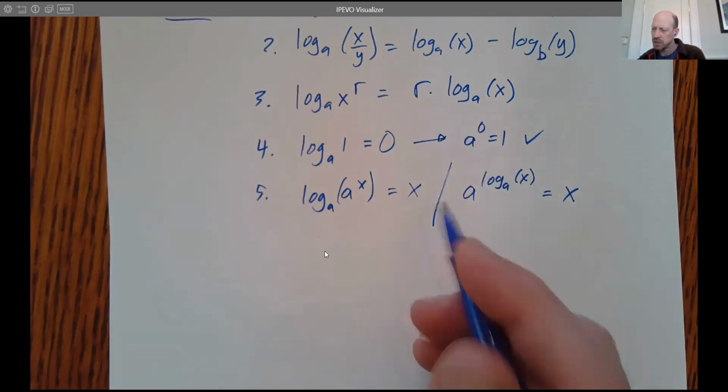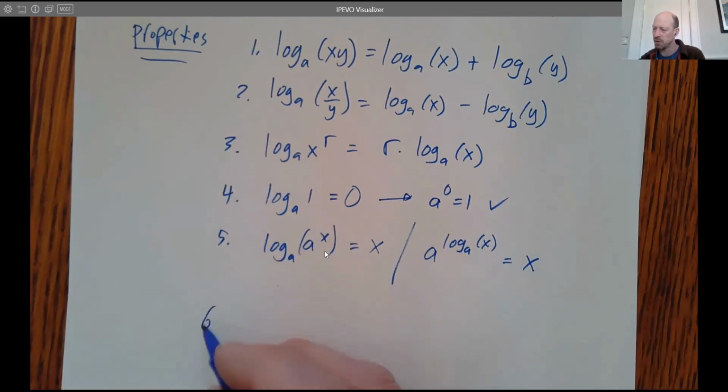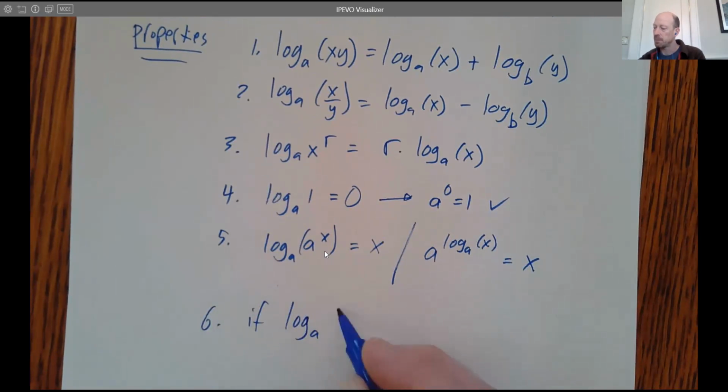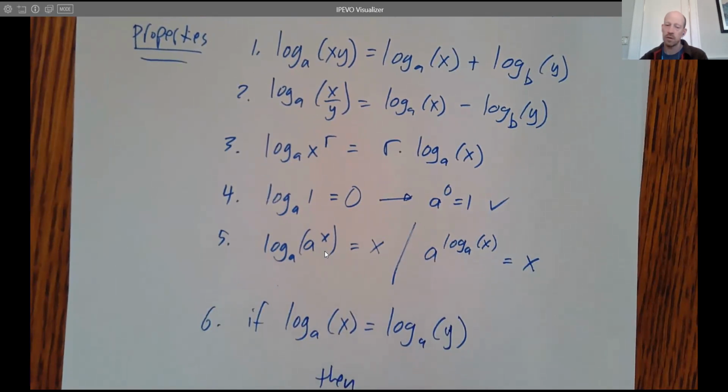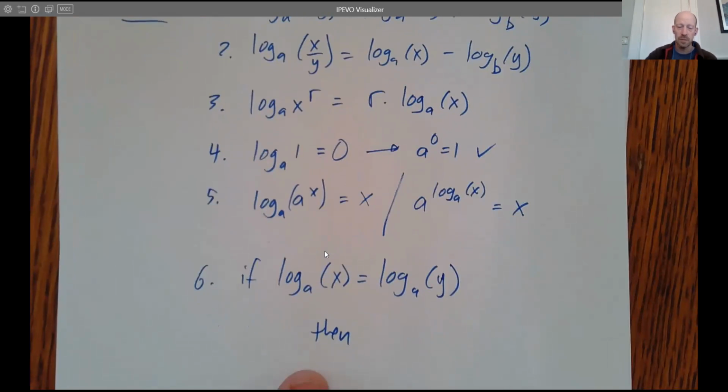Maybe this counts kind of as a property. If the log base a of x equals the log base a of y, this is actually just like what we saw with the exponents, with the bases being the same, the exponents have to be equal to one another.